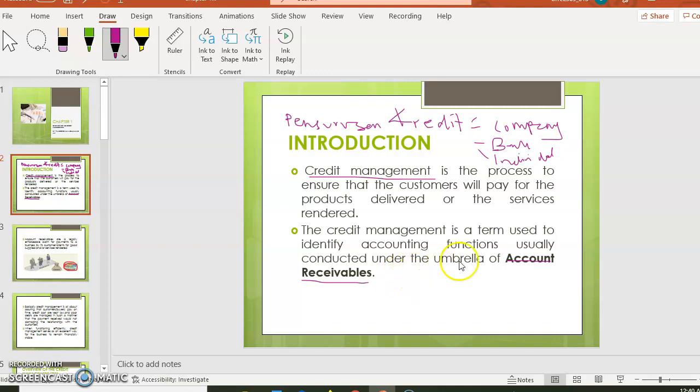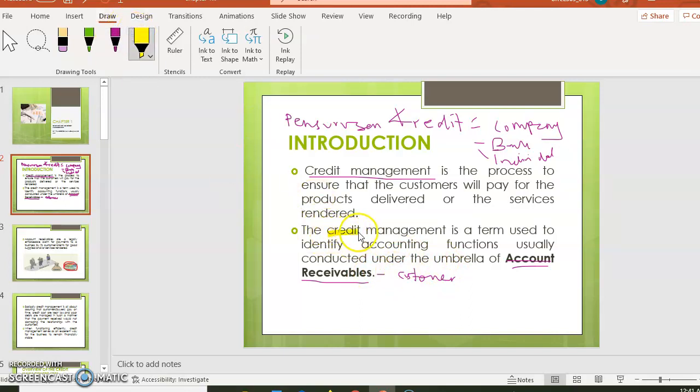So normally account receivable dalam financial statement, dia akan duduk dekat bahagian asset. Kenapa asset? Normally because we are receiving money. Receiving money daripada siapa? Daripada customer kita. Meaning to say, untuk account receivable ni, customer akan beli barang dengan kita secara kredit.